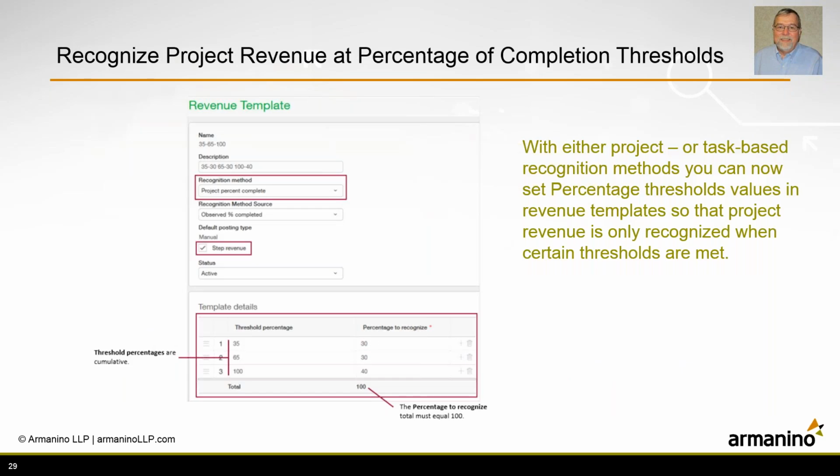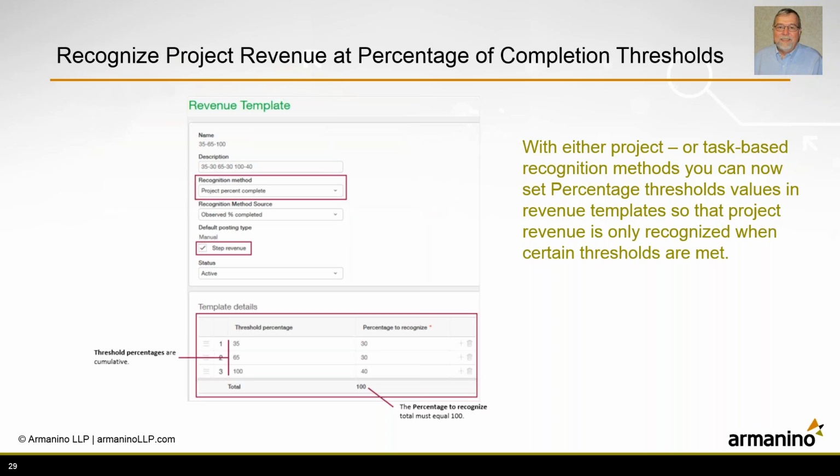Also, Intacct's now added an additional percentage of completion threshold for project revenues, and it's involved when you're using either project or task-based recognition methods. What you can do is set the threshold. So in this example, you can see that we have threshold amounts of 35, 65, and 100, and then you're saying that you have a percentage that you want to recognize.